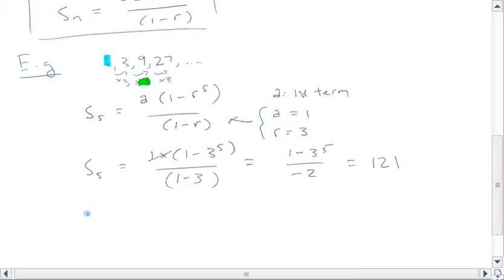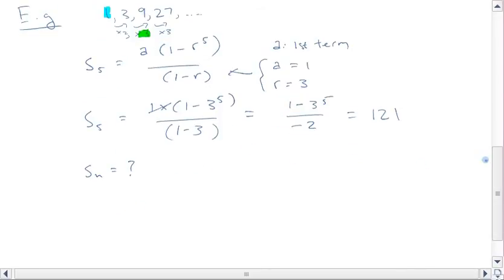So the next question is, what's Sn? Remember, this just means the series for any value of n, so we're not going to put any value in there, we're just going to leave it as it is. Sn, we said, was A times (1 minus r to the power of n) divided by 1 minus r, and we also said A was equal to 1 and r was equal to 3.